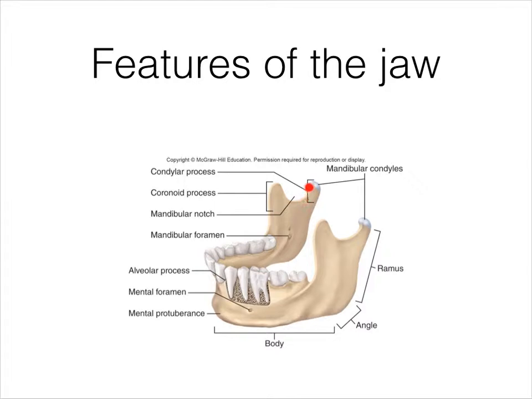Here we can see the mandibular notch, and this particular notch does not itself form part of a joint, but it exists because there are things that need to pass through that area, connective tissue and tendons and muscles and whatnot. And here we can see the mandibular foramen, which is a little hole through which a nerve passes in this case.